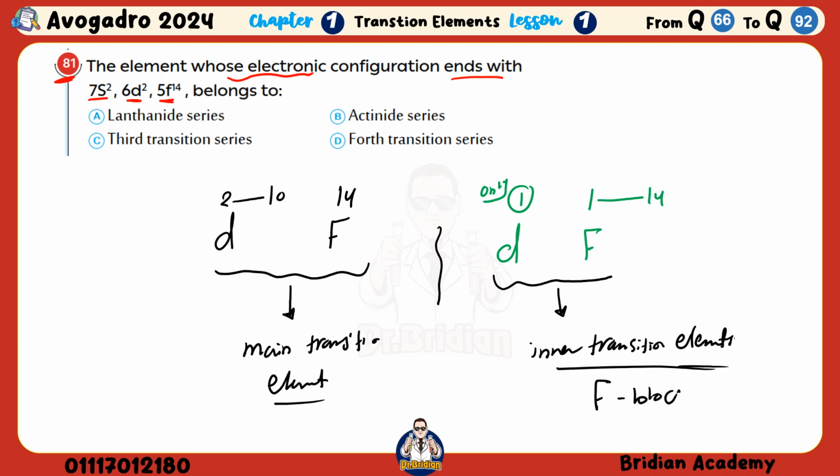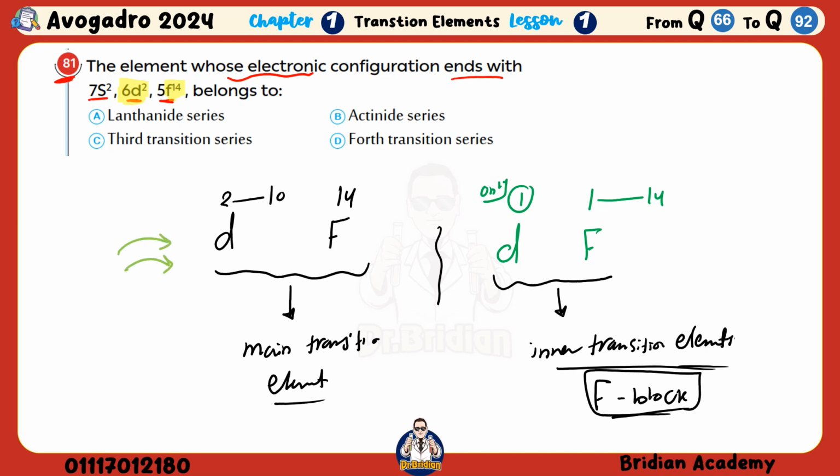or F block elements. Okay, so in our question, you have D sublevel containing 2 electrons and F sublevel completely filled with 14 electrons. So apply the first rule, the first note you have.